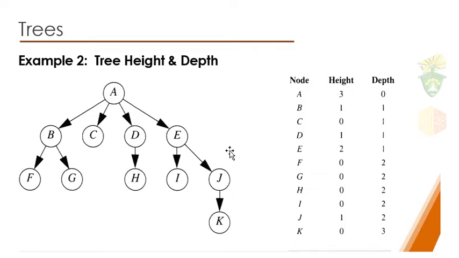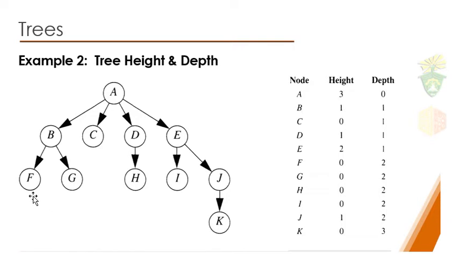That's 1, 2, 3. So that is its height. Its depth is the number of ancestors, which is none, since it is the source, the topmost parent. So that's 0. How about B?